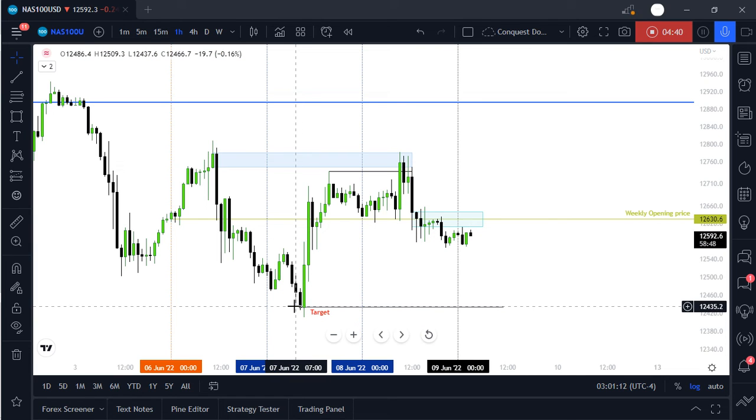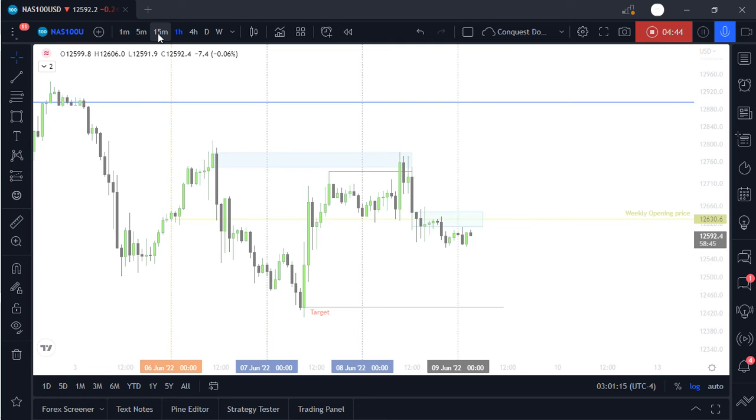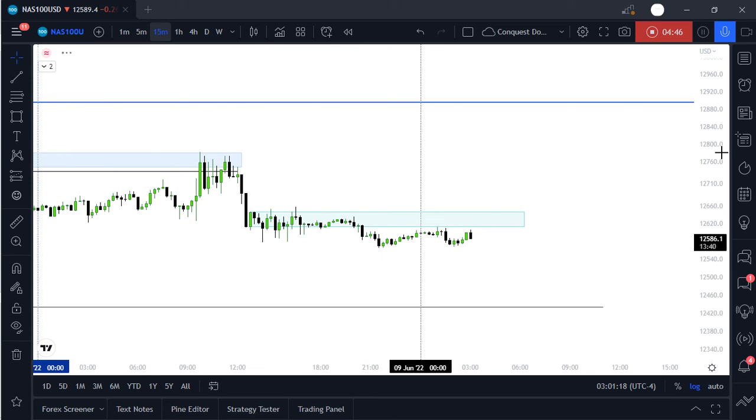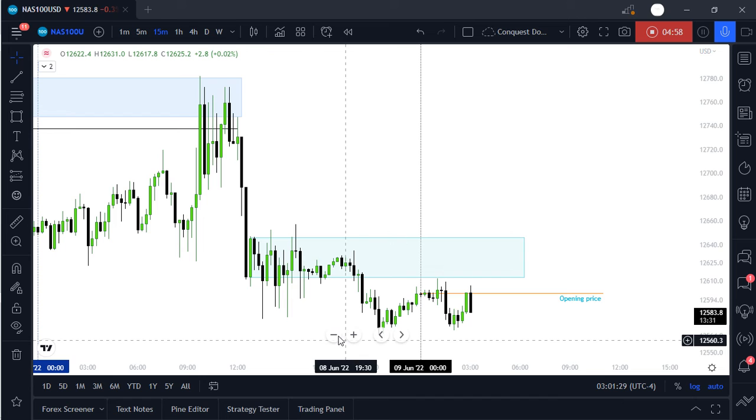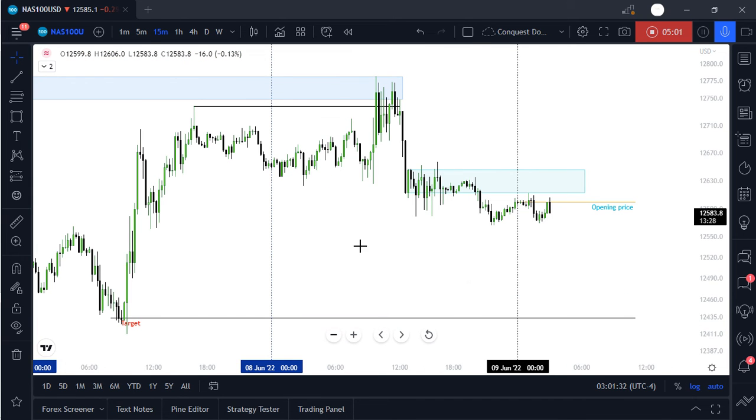So if we go on to the 15-minute time frame just to assess the key areas where I expect price to set up for a sell entry. Let me zoom out just a little bit.